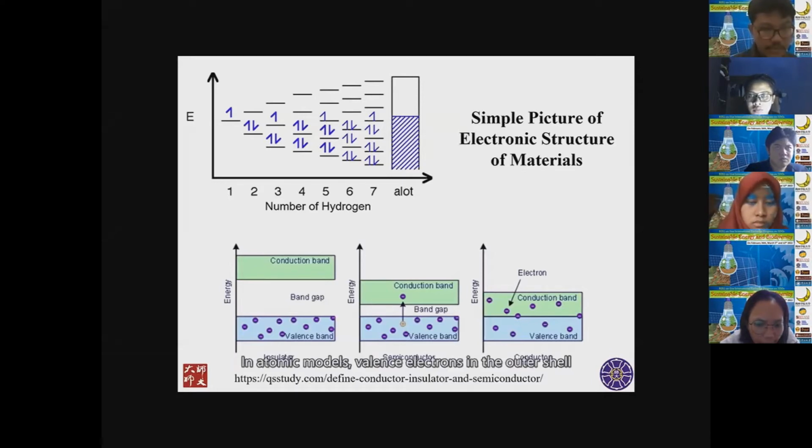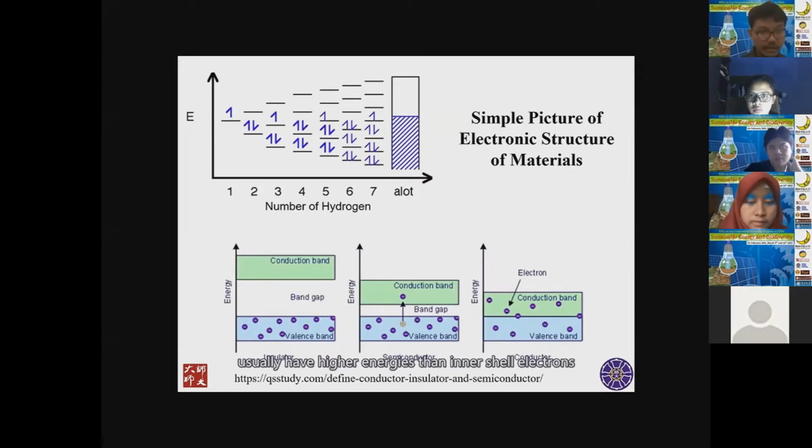In atomic models, valence electrons in the outer shells usually have higher energy than inner shell electrons, which means these are the electrons that are most easily emitted from the atomic orbital.